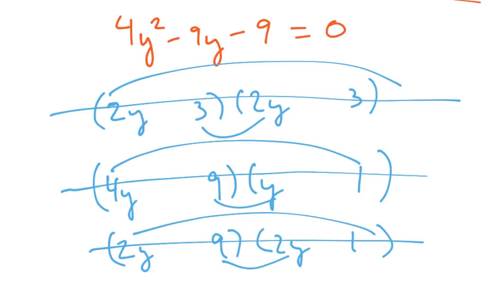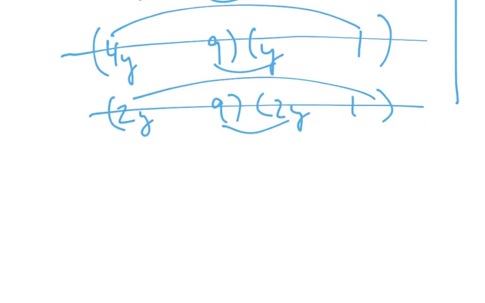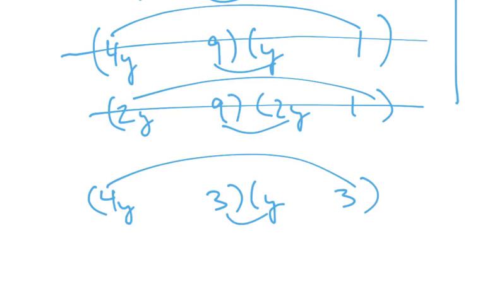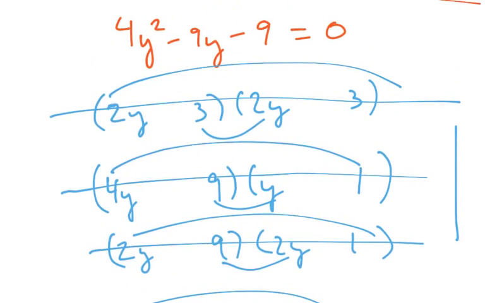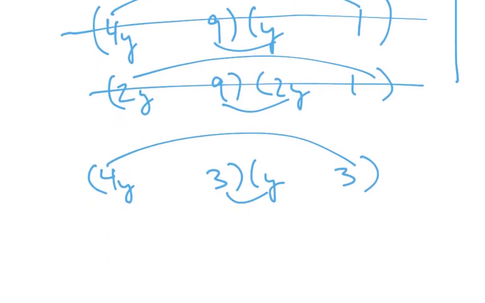So I guess the only thing I've got left is 4y and y and 3 and 3. So that's 12 and that's 3, and that definitely works. Now I want a negative, so I need to make the bigger one negative and the smaller one positive. So you can see that's positive 3, negative 12, and that will give me what I'm looking for.